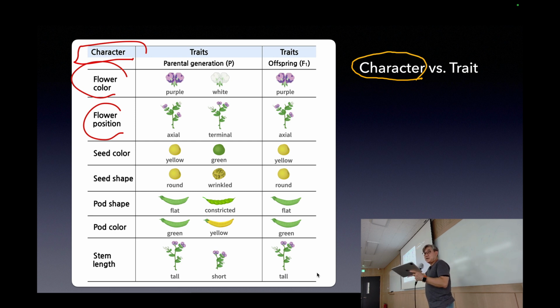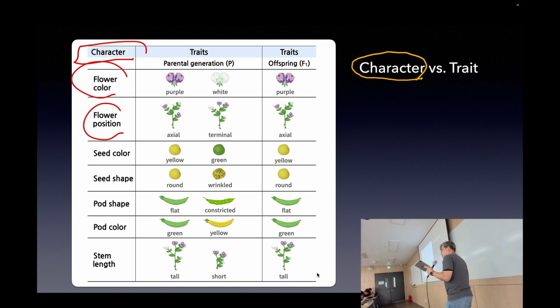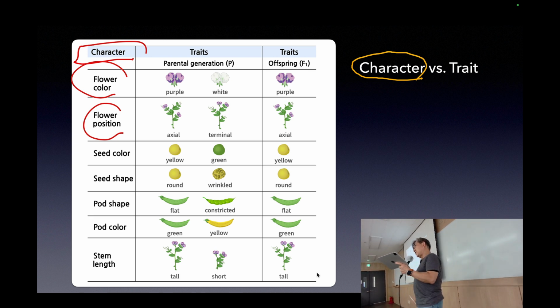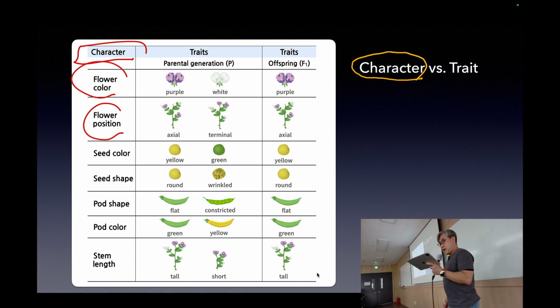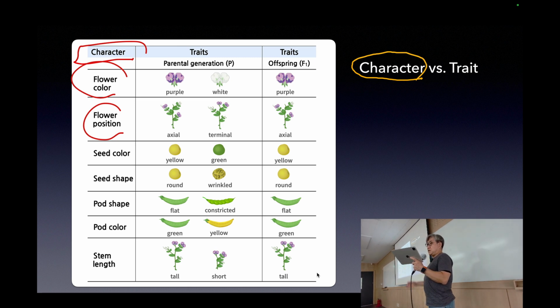Countless different traits exist. So if he somehow accidentally got involved in such a thing and then tried to follow things, then he may not have been able to come up with this simple and accurate and precise law of the segregation, Mendel's famous laws.